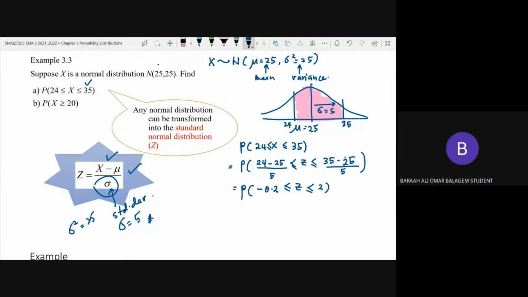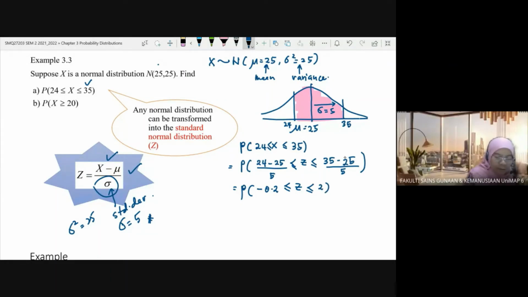Is it 2? Yeah, correct. So this is the original distribution. If you transform that into standard normal, it becomes 0. The one that you are looking for is from negative 0.2 until 2. So this is all the area that you are looking for.